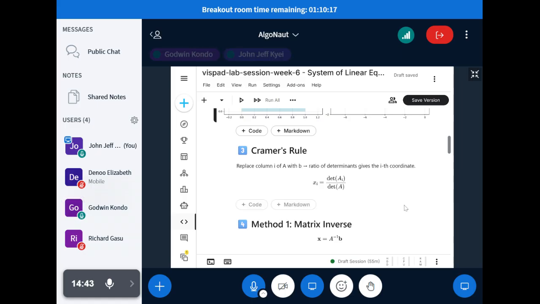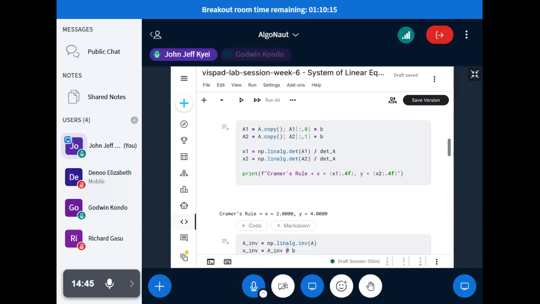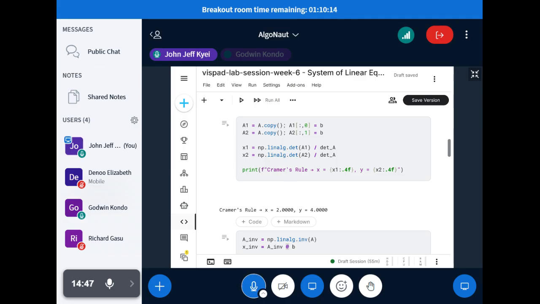Okay, so this cell is doing the Cramer's rule calculation, and as you can see, this is for x.